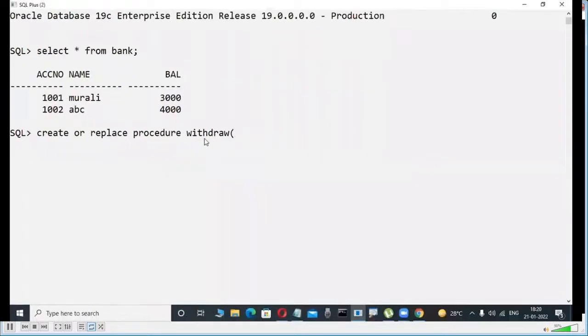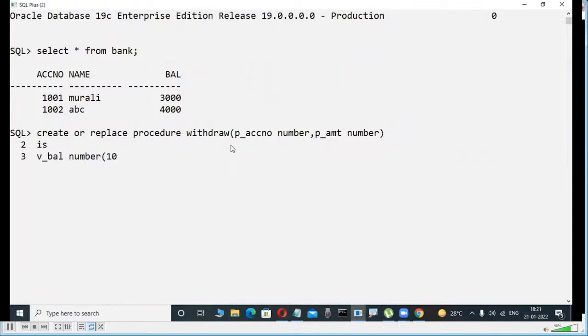Now, create or replace procedure withdraw. Here I'm passing an account number, and the amount also, because I try to withdraw, like with an ATM card. Now some code is there. I want to find out the balance.